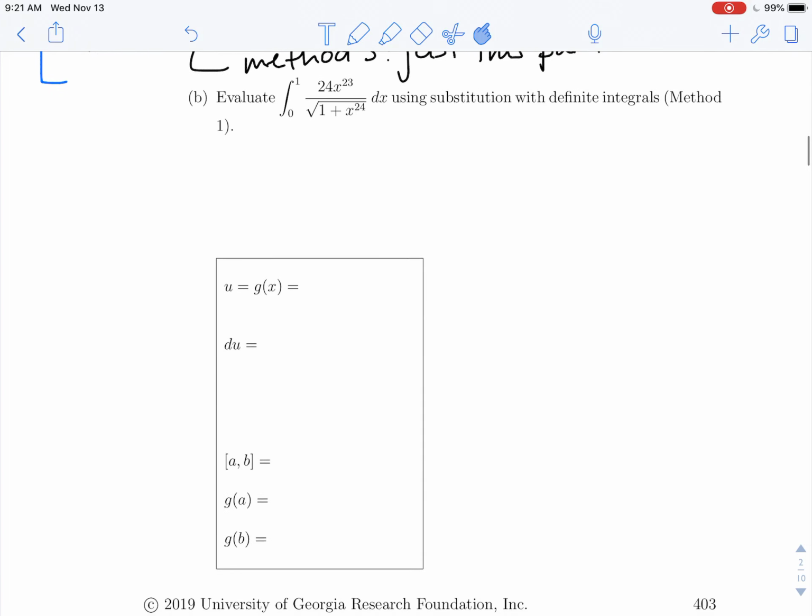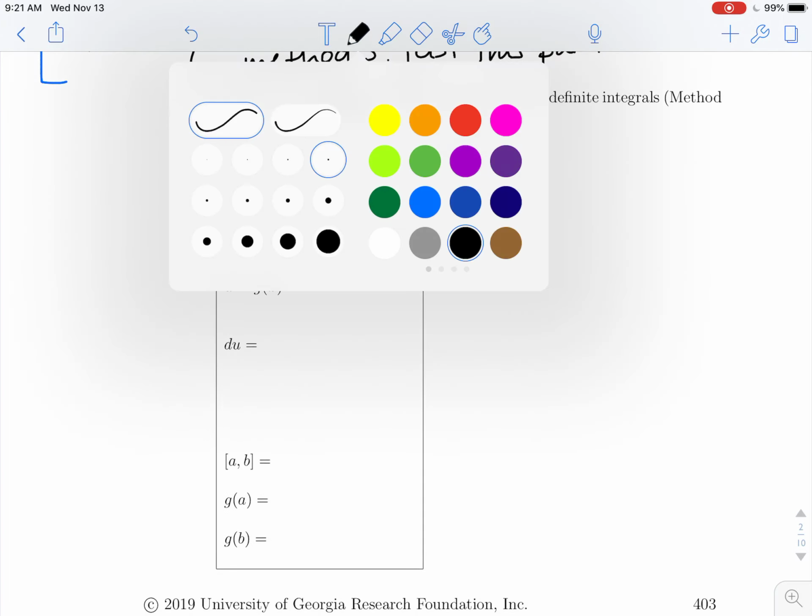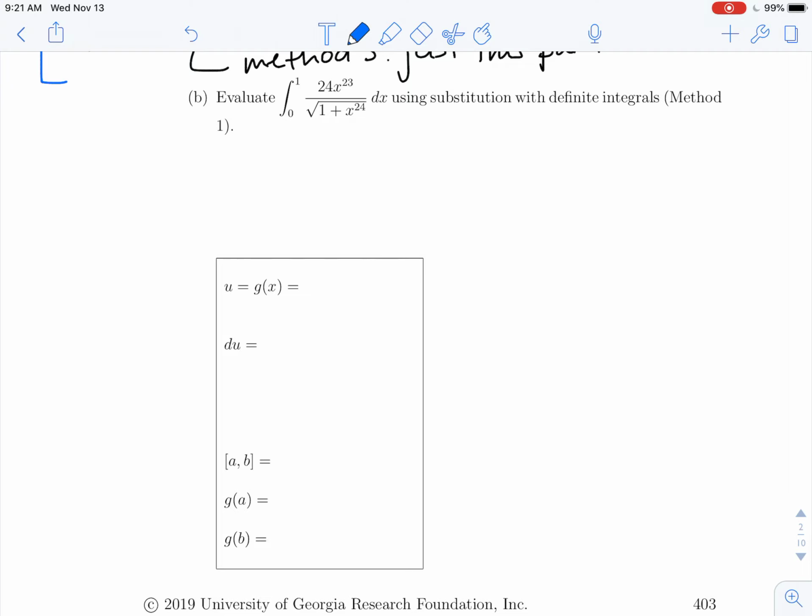Part B says evaluate the definite integral from 0 to 1 of 24x to the 23rd over square root of 1 plus x to the 24th dx using substitution with definite integrals, which is method 1. This is the new one. And so here's what you do.